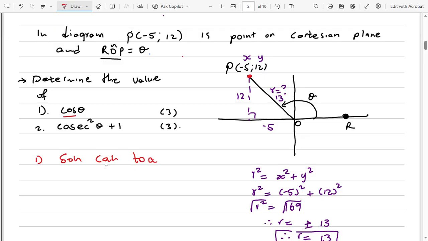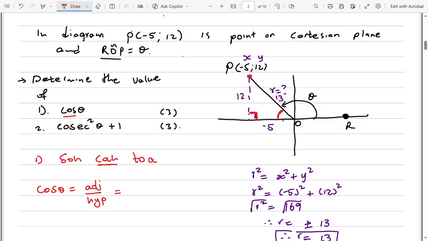You look at cos, which is adjacent. The cos of theta is what? Adjacent over hypotenuse, right? And tell me, what is your adjacent in this triangle? Remember, this is my angle. What is your adjacent?